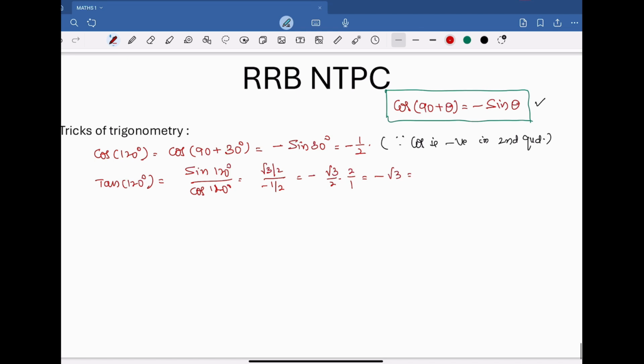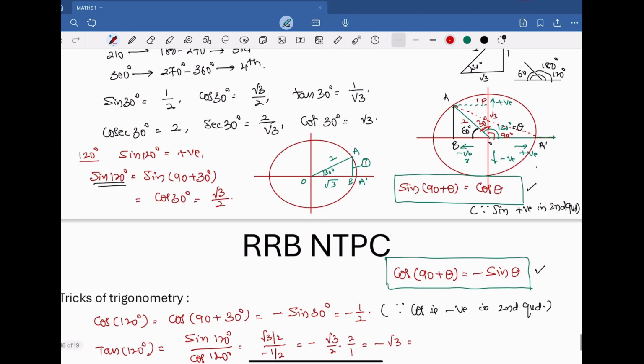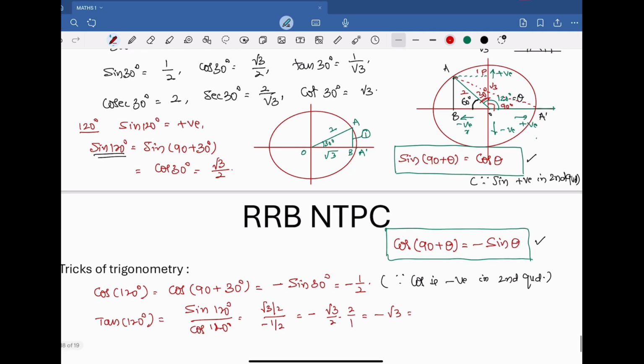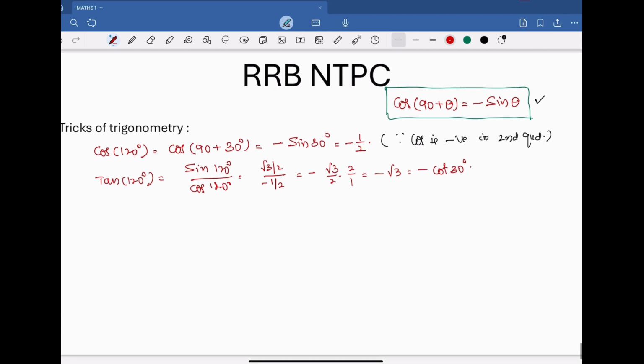Minus root 3 is nothing but, for 30 degrees, cot 30 is root 3. That is minus cot 30. That means in the second quadrant, once we have found this, others can be derived very easily.